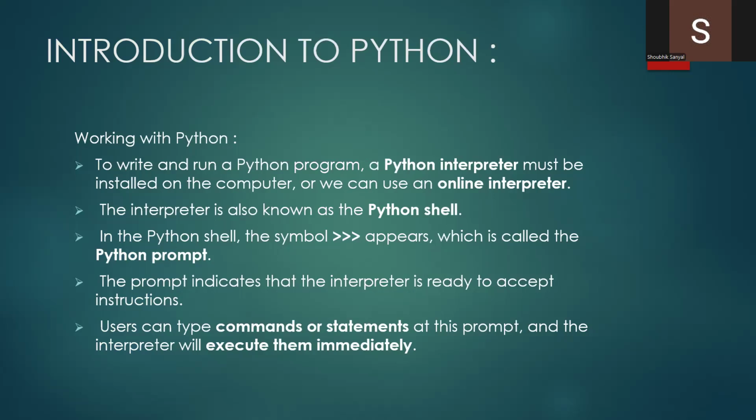A white window will appear with these three greater than signs, and we will understand that the Python shell has been installed. Now, what does the prompt indicate? The prompt indicates that the interpreter is ready to accept instructions. Users can type commands or statements at this prompt, and the interpreter will execute them immediately.